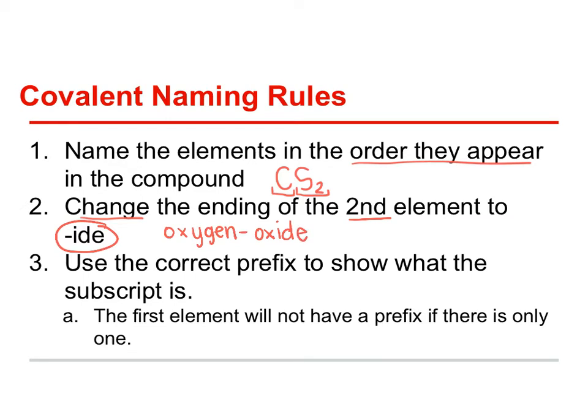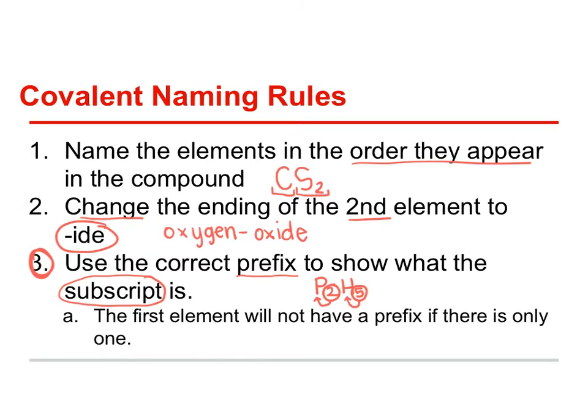The new stuff is in number 3. Number 3 says we're going to use the prefix to show what the subscript is. So if we had something like P2H5, we'd have to use a prefix to show that there were 2 phosphorus and a prefix to show that there were 5 hydrogen.